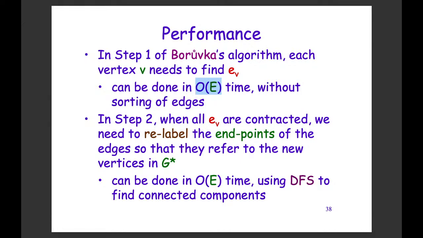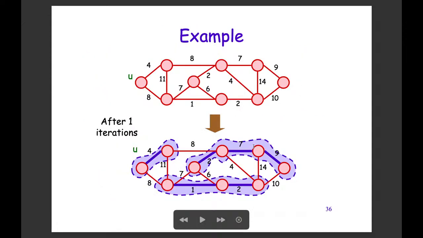And after one step, we have selected the edges. So the graph contains selected edges and unselected edges. So we can use the connected component algorithm to find out what are the paths that are connected to each other, and then use linear time to contract each connected component into a single vertex.